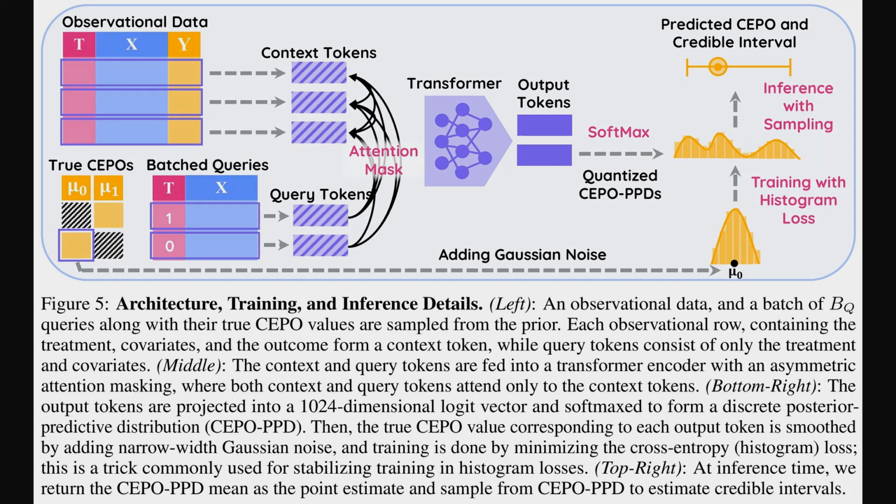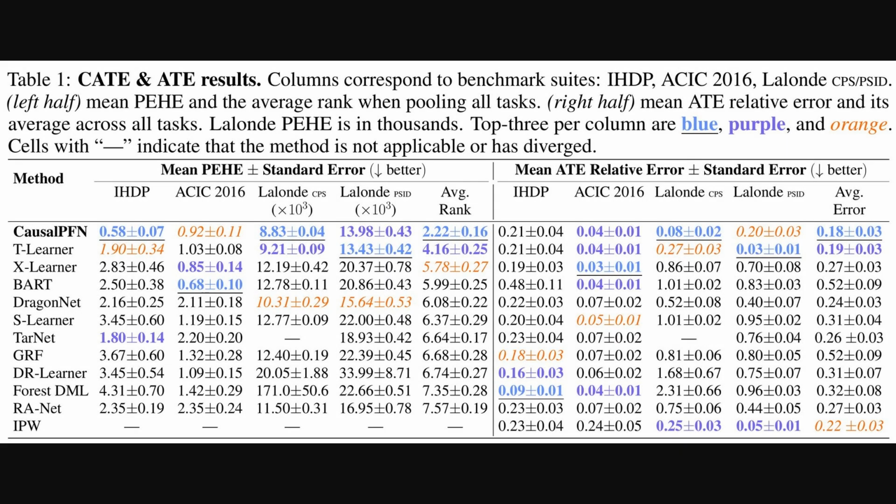Alright, so after seeing how the model produces its predictions, this table really shows the payoff, how well CausalPFN actually performs on standard benchmarks. The left side measures the error for estimating the conditional average treatment effect, or CATE, that is, the treatment's effect on specific subgroups. This is judged by a metric called the precision in estimation of heterogeneous effect, or PEHE.